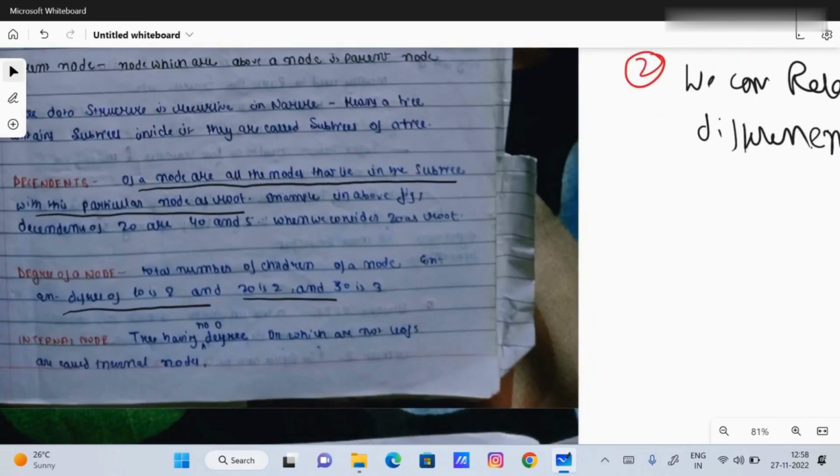Thereafter, we talked about the degree of a node. The total number of children of a node is known as its degree. Like A, B, and C: the degree of node A is equal to 2 because it contains two children. Thereafter, internal node. Nodes which are not leaf nodes are known as internal nodes.